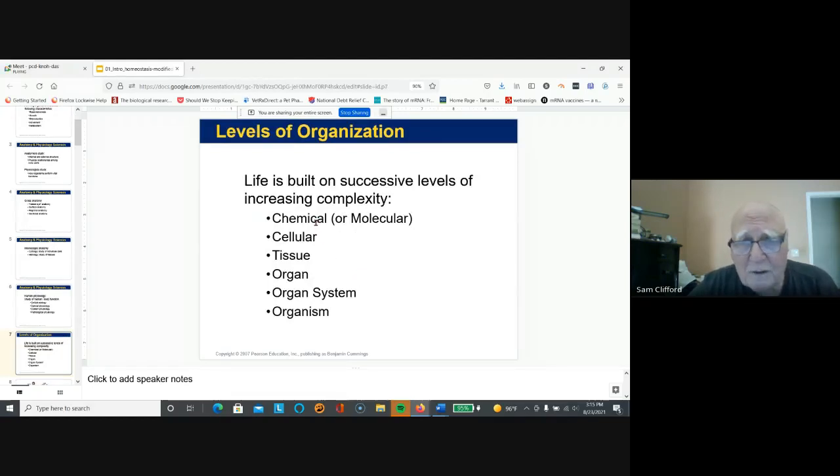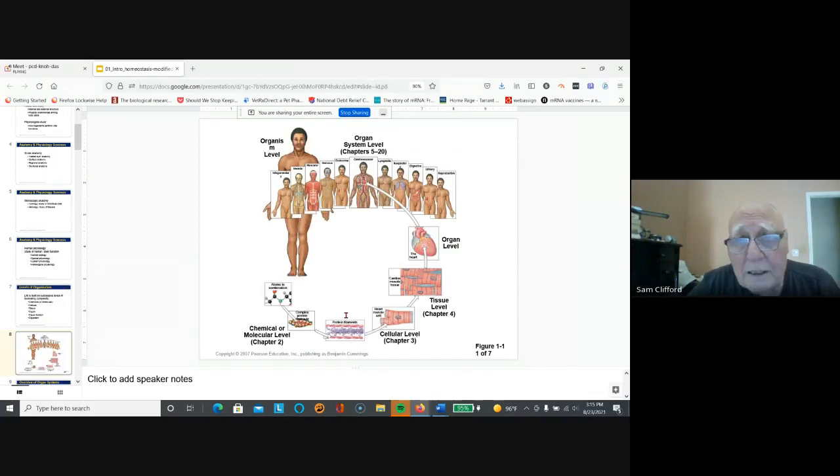Life starts with chemicals, builds cells, builds tissues, builds organs, organ systems, and then you have an organism. So in this class, we're going to be concerned with skeletal and muscular, nervous, not cardiovascular, integument.